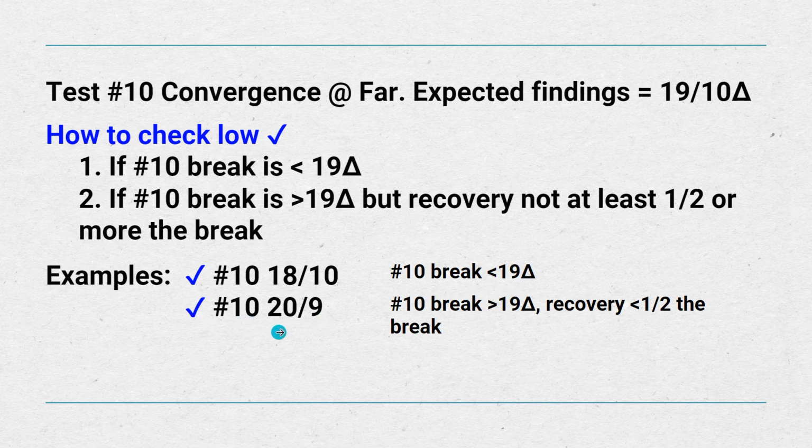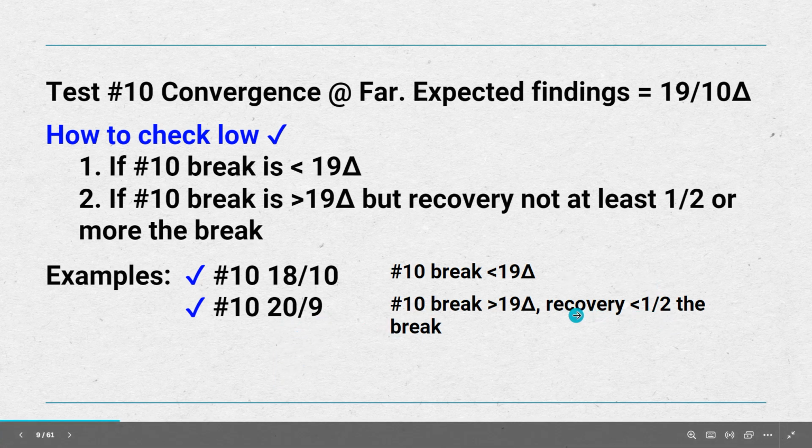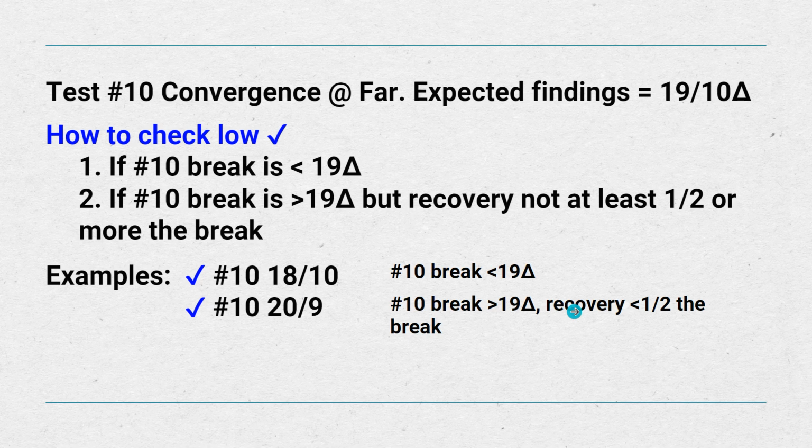And for the second example, the break is more than 19, but the recovery is lesser than 1/2 of the break. Because 1/2 of 20 is 10. So recovery, which is 9, is lesser than 1/2 of the break, which is 10. So you check it low.